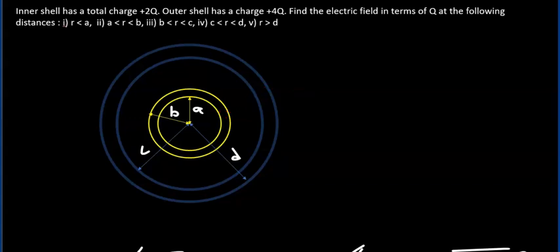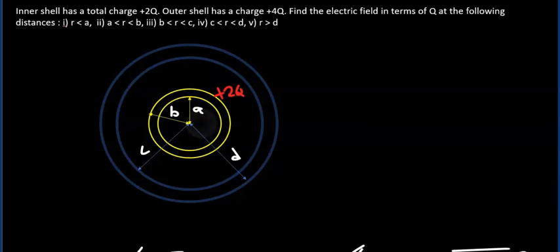Let's first determine the charge distributions on the surfaces. Let's look at the inner shell. Now we know the inner shell carries a total charge of plus 2q. How does this plus 2q distribute in that inner shell? The plus 2q on the inner shell is confined entirely on the outer surface, like that. So the inner shell's charge is entirely on the outer surface.